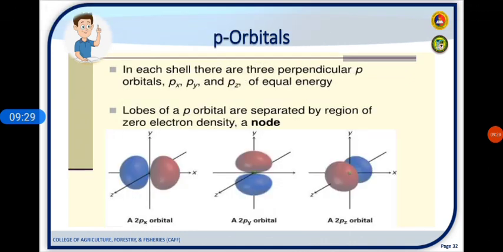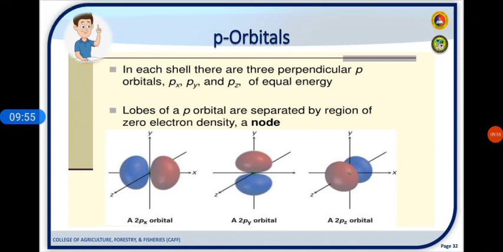So in each shell, there are 3 perpendicular p orbitals. We have the px, py, and pz of equal energy. The lobes of a p orbital are separated by a region of zero electron density called a node.